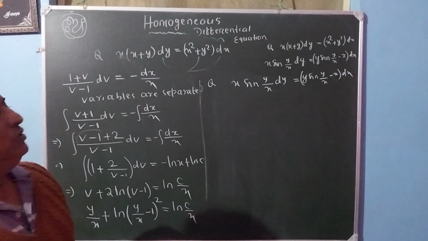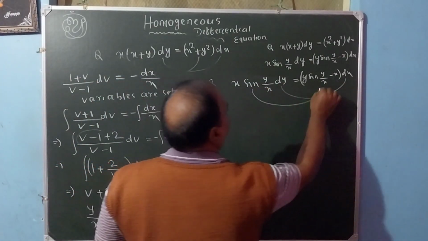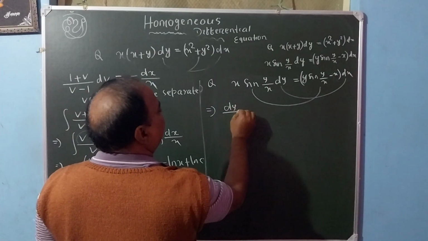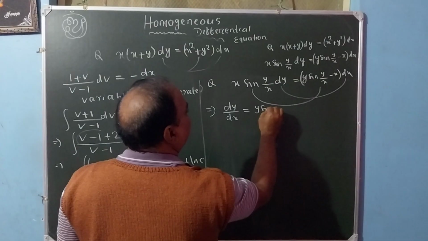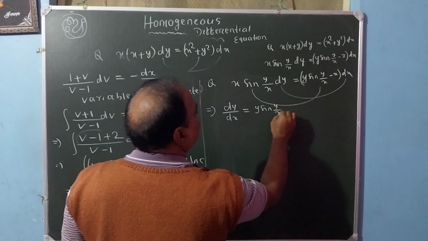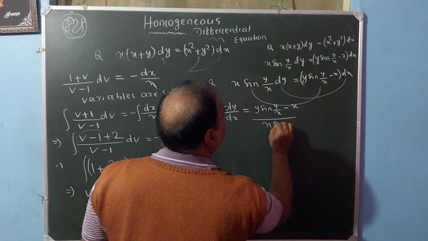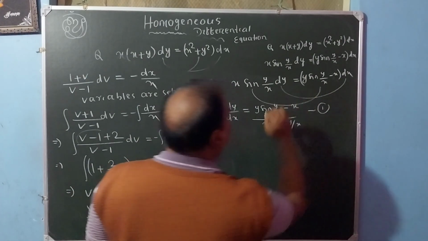Okay, so dx will be divided here, this will be divided there. We get dy by dx is equal to y sin y by x minus x divided by x sin y by x. So this is equation 1.